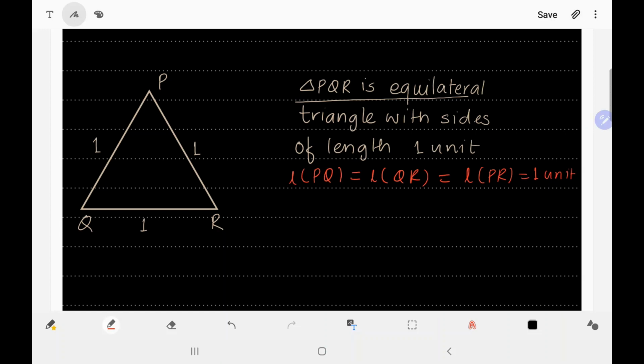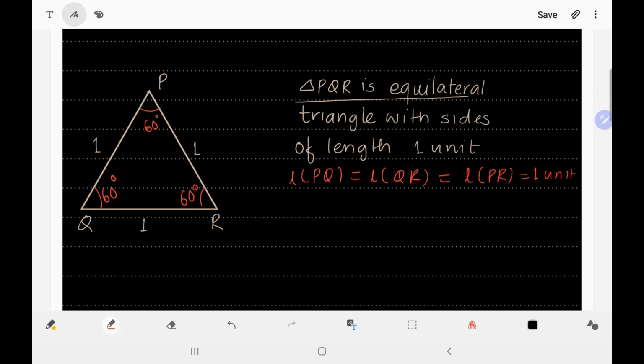Since in an equilateral triangle all the angles are equal, and the sum of angles in a triangle is 180 degrees, each angle is 60 degrees.